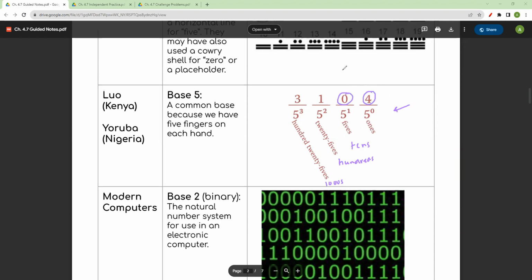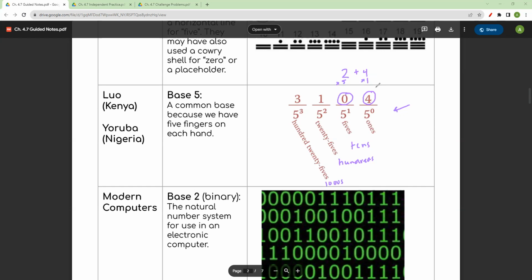So if they have a number 2 here, that means they have 2 groups of 5, plus 4 groups of 1. So it actually is written a different way in the base 5 system. The numbers are going to look very different when we start writing numbers that we recognize in different bases.